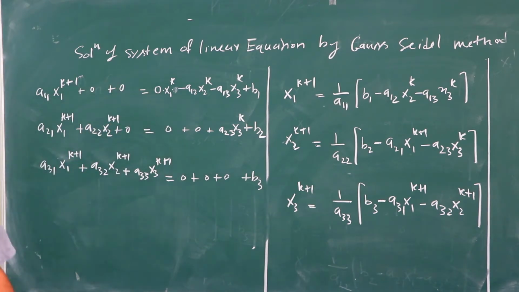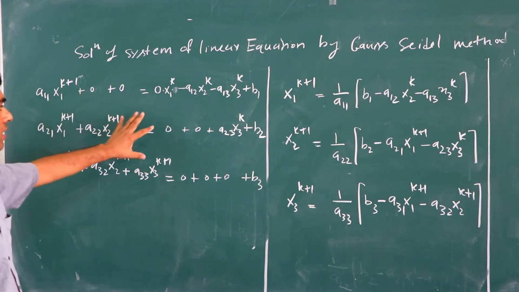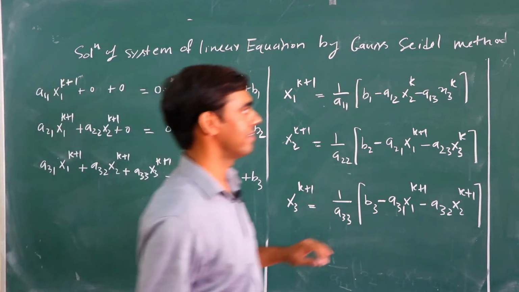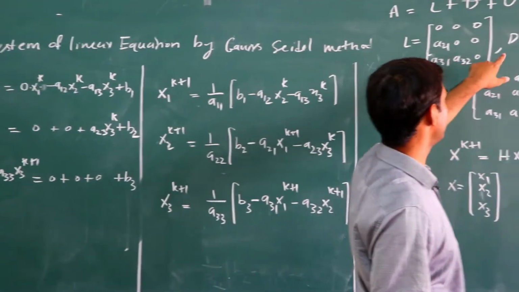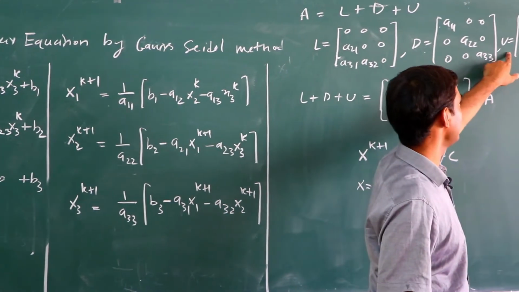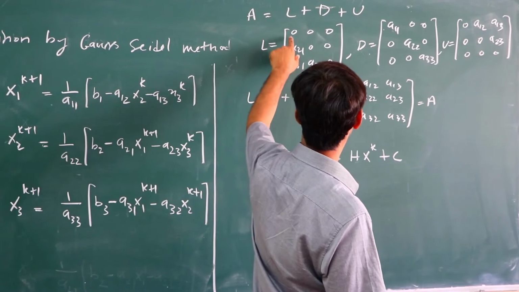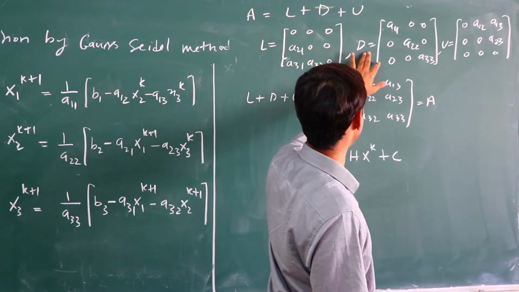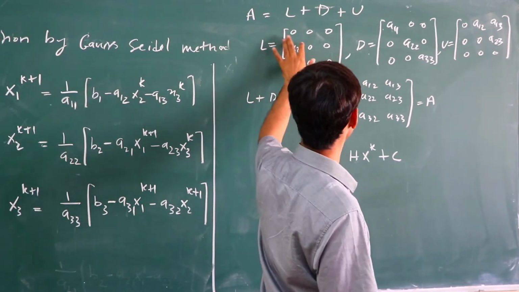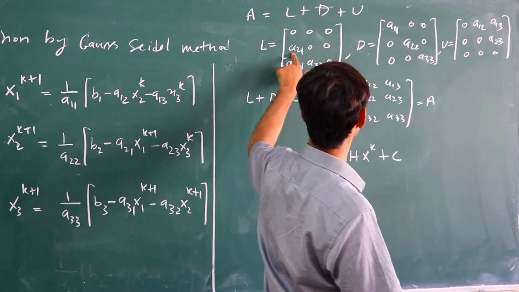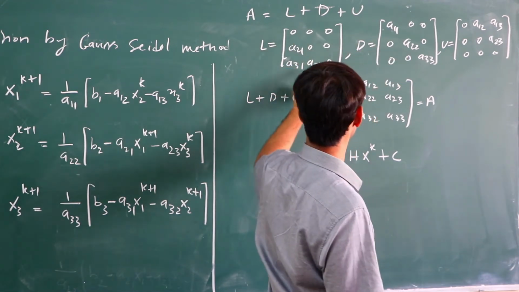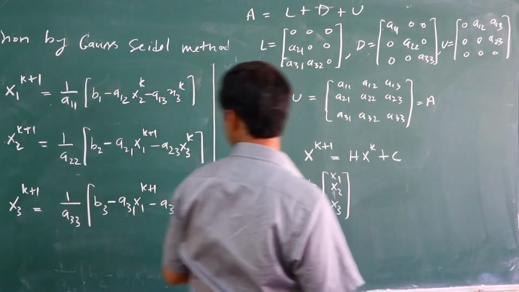So if we closely observe this system of linear equations, we see the lower triangular matrix, diagonal matrix and upper triangular matrix. If we add L and D, then we find a11, a21, a22, a31, a32 and a33.